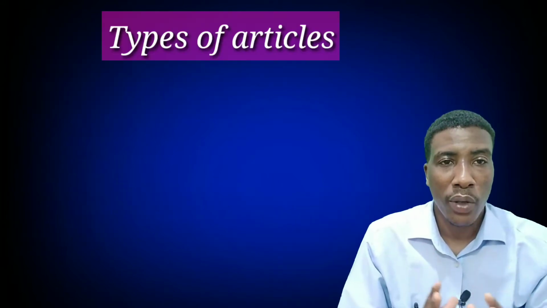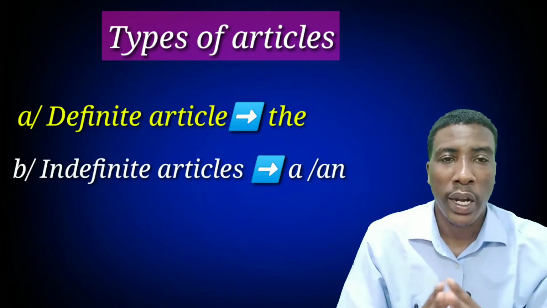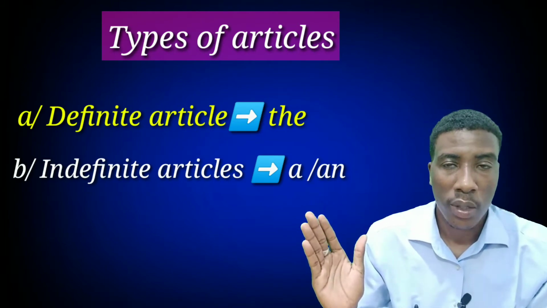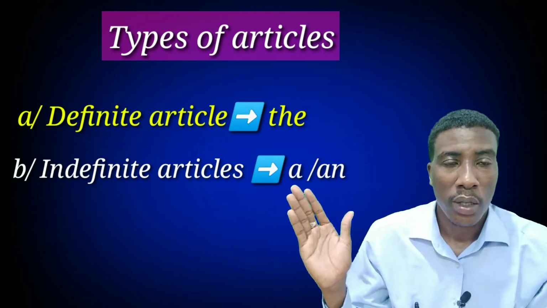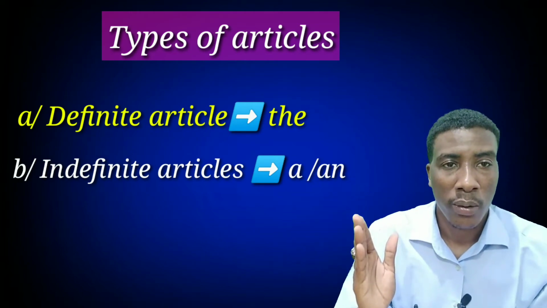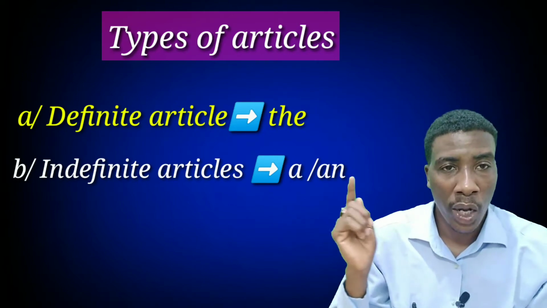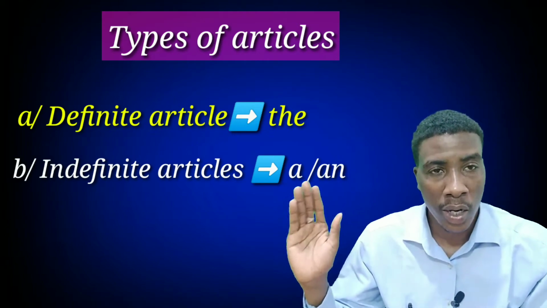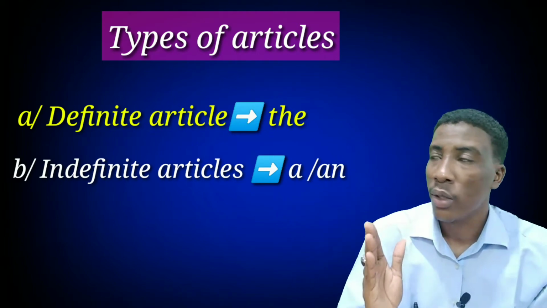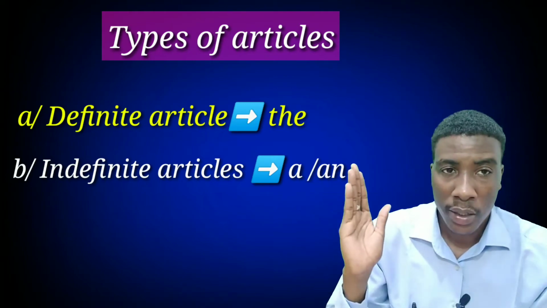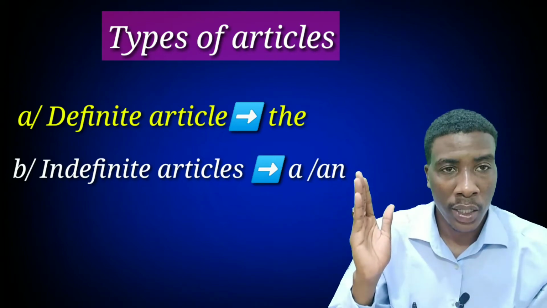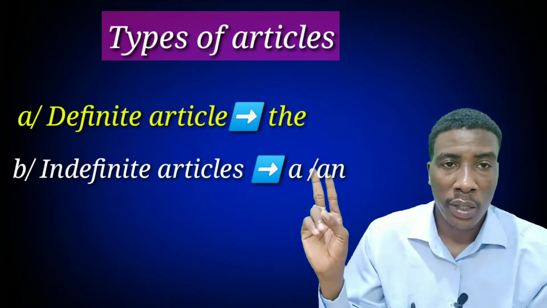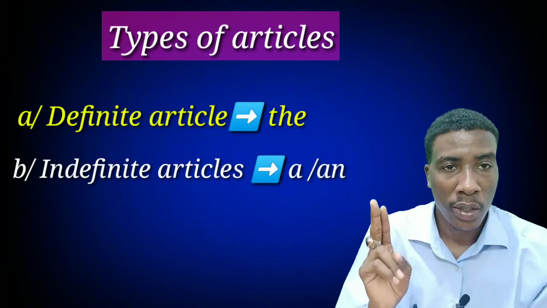So what are the types of articles? Articles are divided into two types: definite article and indefinite article.